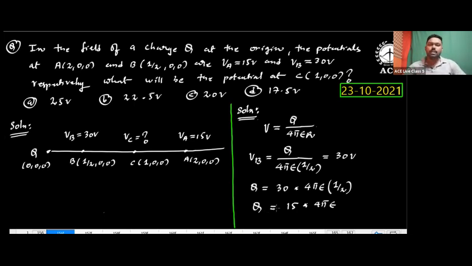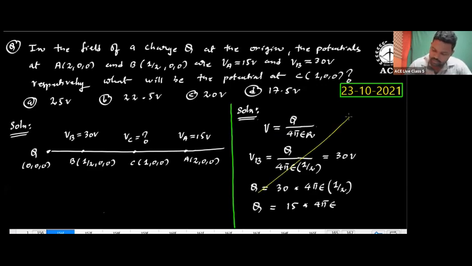So where have we made the mistake? What is missing is a constant, the residue. Why should we consider the residue? He is not asking for the potential difference. He is asking for the potential at a point. So you need to consider it along with the residue.